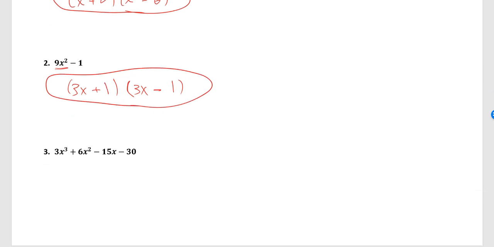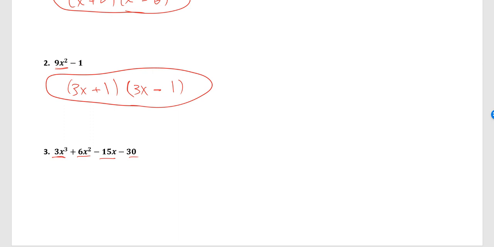Let's look at this one. 3x cubed plus 6x squared minus 15x minus 30. In this one we would have to use the grouping method that we discussed in the last example.